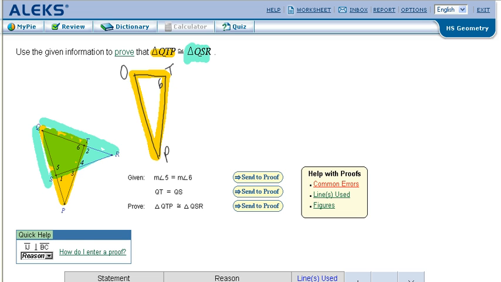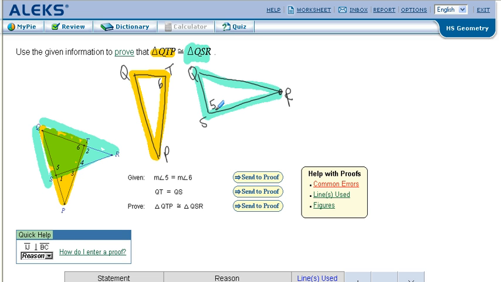And then here we have triangle, the blue triangle, QSR. If you look very closely, that right there is angle 5.